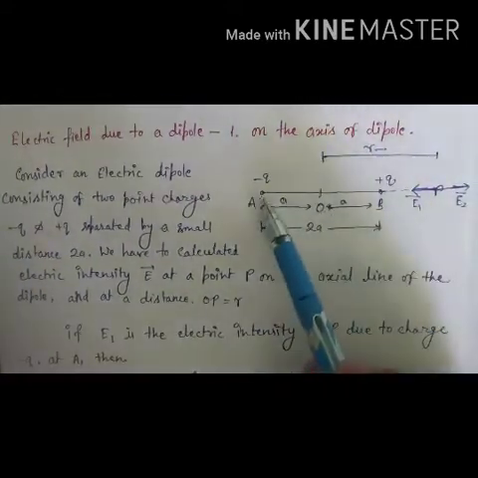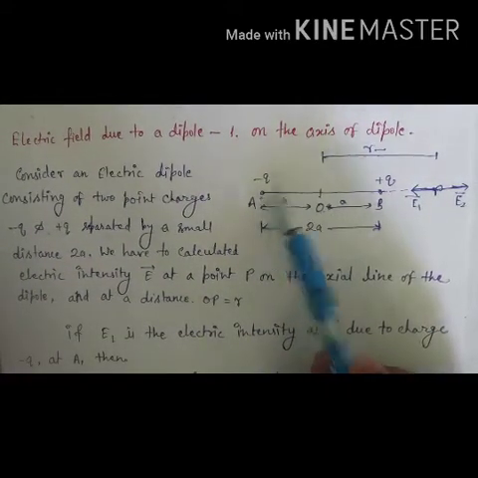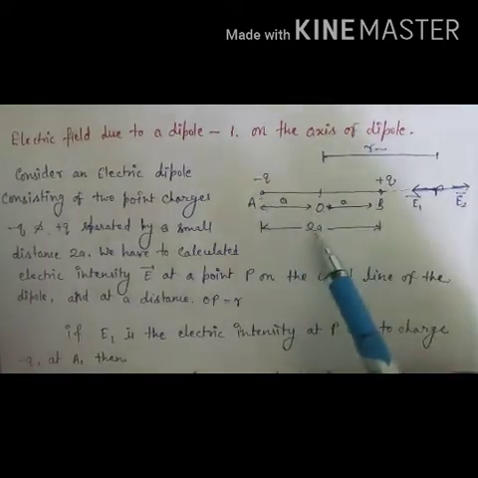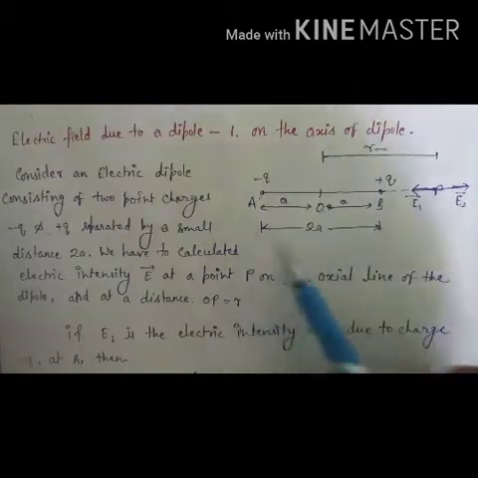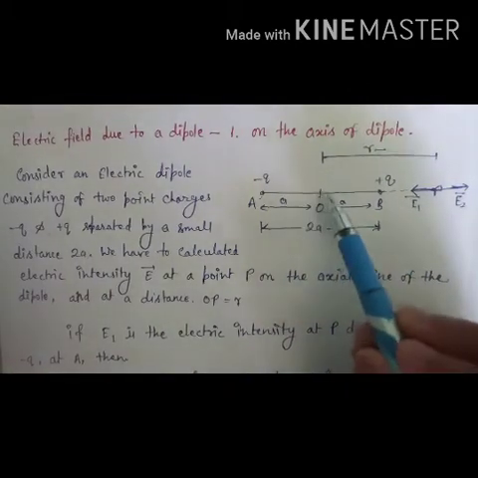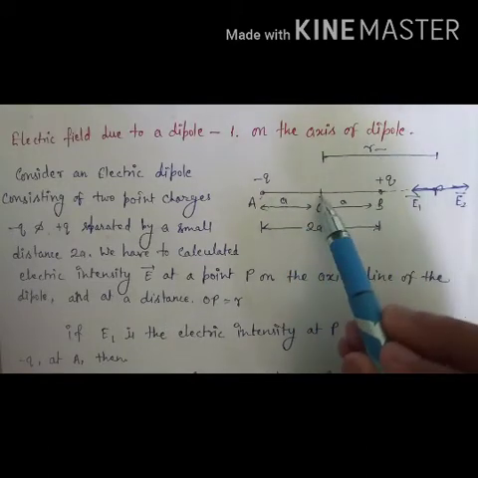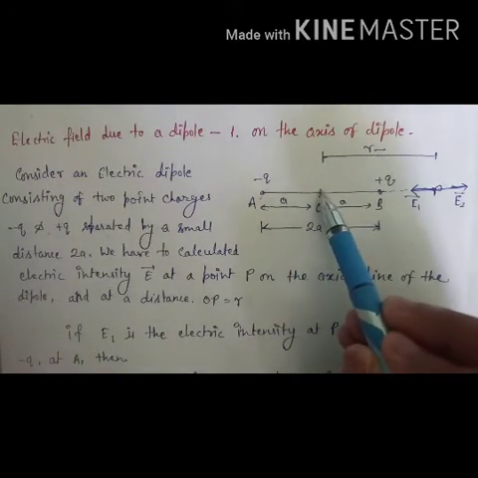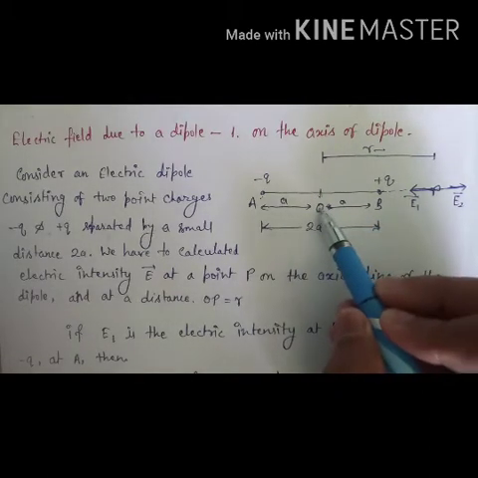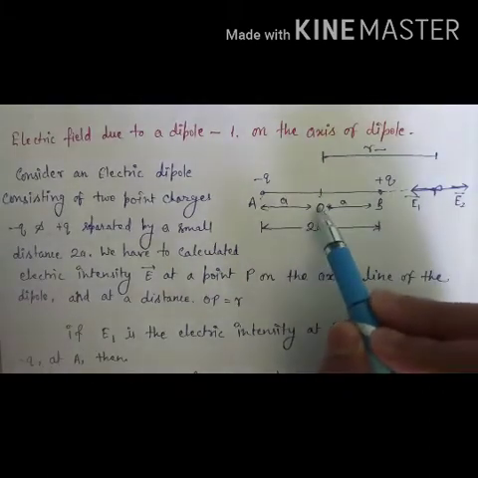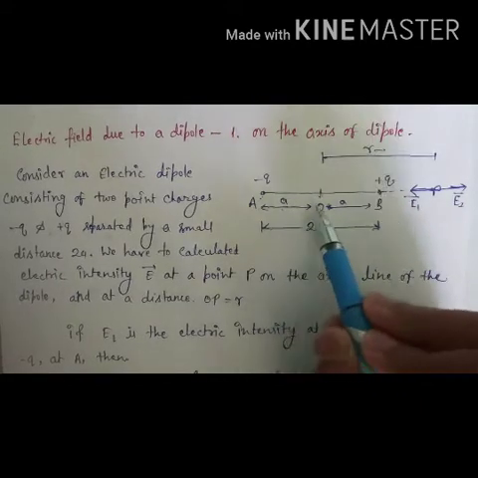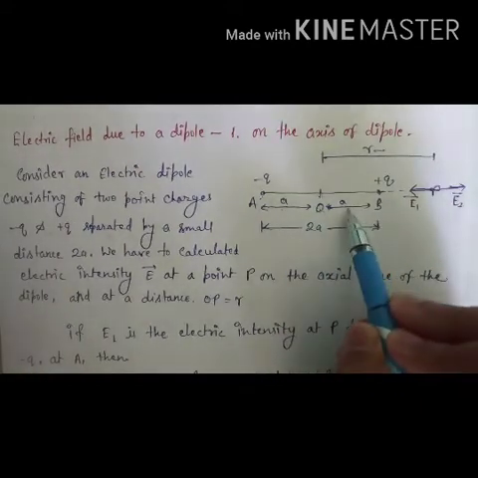Let us say we have a minus q charge and a plus q charge separated by a distance 2a. Such an arrangement is called an electric dipole. The center of the dipole is known as the dipole center, which is point O. From point O to minus q the distance is a, and from O to plus q the distance is a.